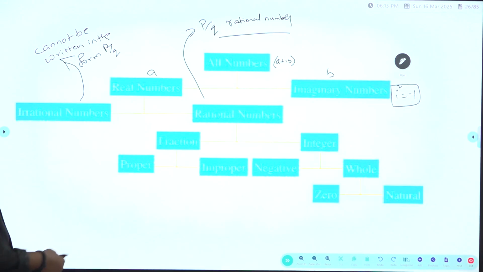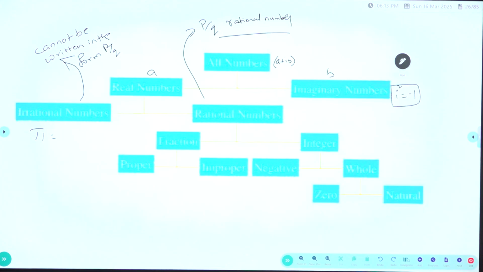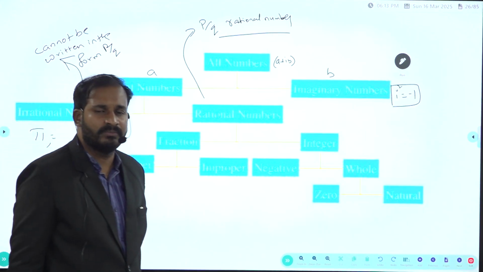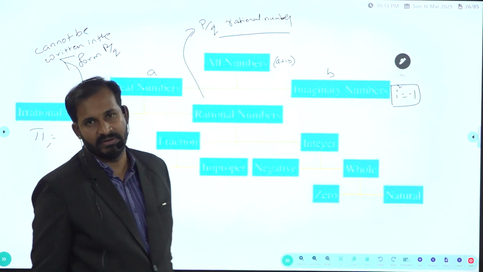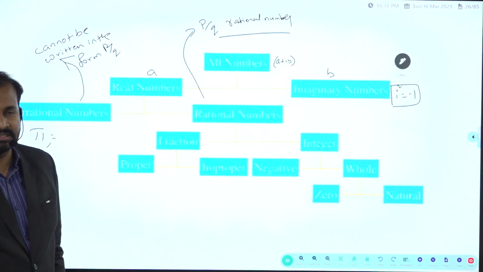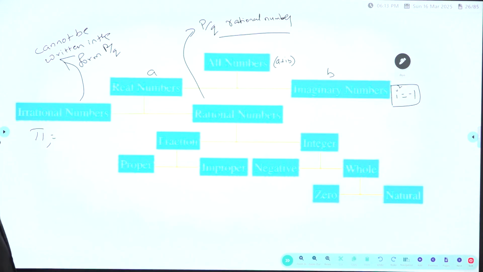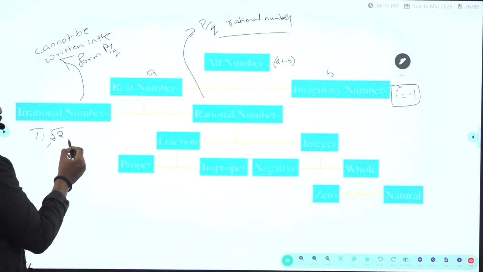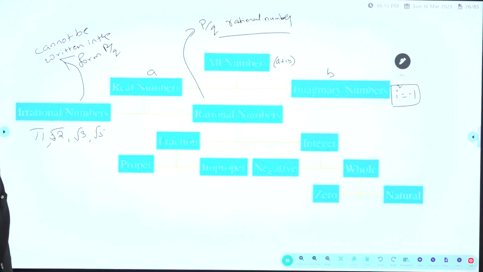So what are examples of irrational numbers? Pi. Sir, why pi? We take the value of pi as 22 by 7, but the exact value of pi is not 22 by 7. That is just an approximated value for calculation purposes. So pi is not a rational number, pi is an irrational number. And square root 2, root 3, root 5, all the root values are also irrational numbers.